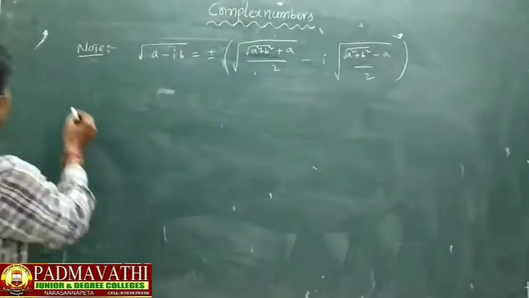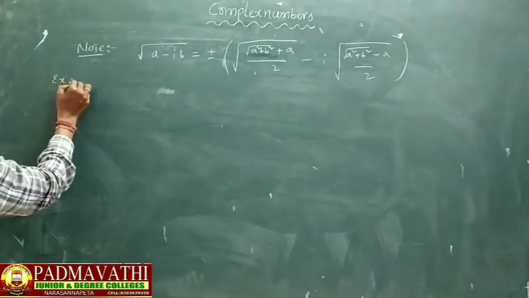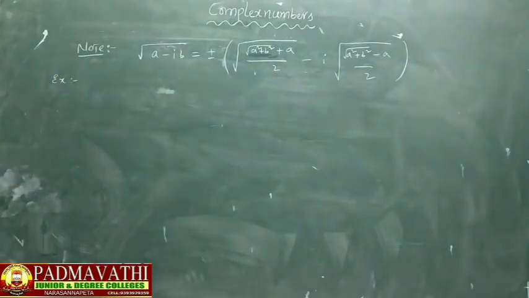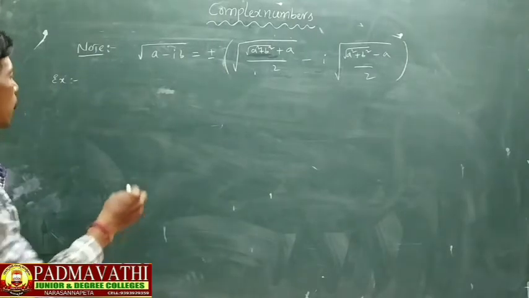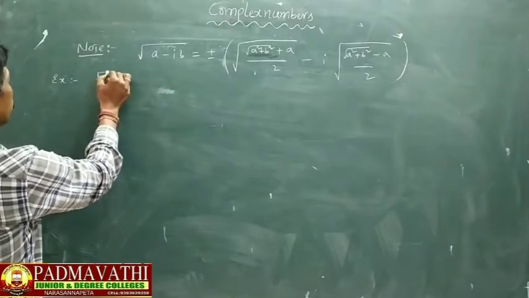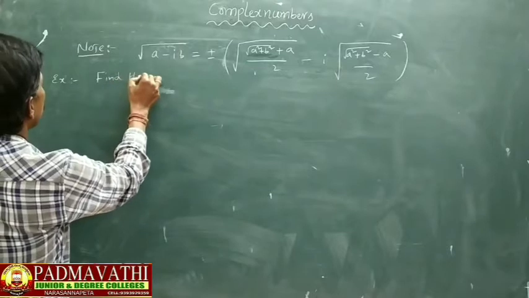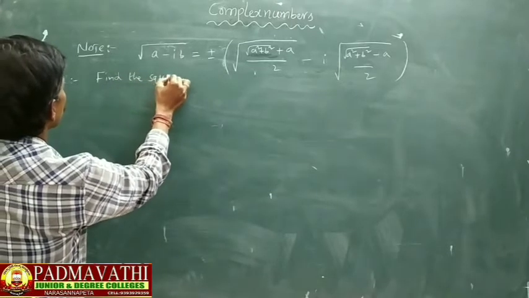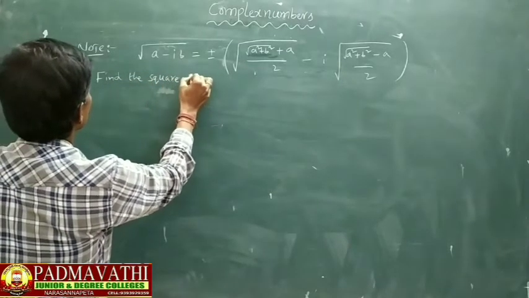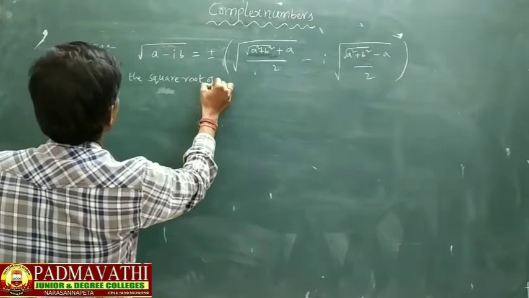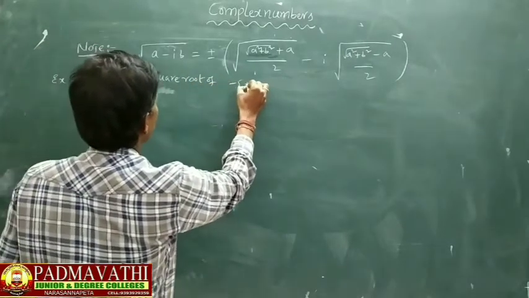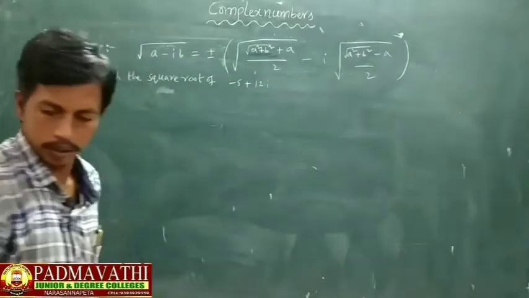Now example: find the square root of minus 5 plus 12i.